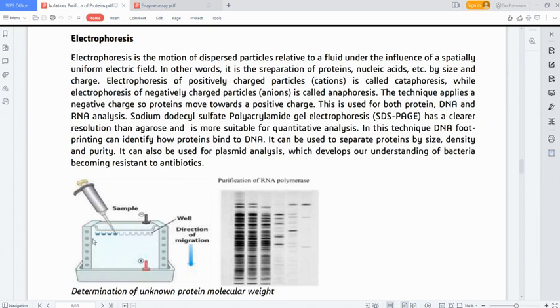Now, when you look at the diagram there, you see that the wells are placed near the negatively charged end.